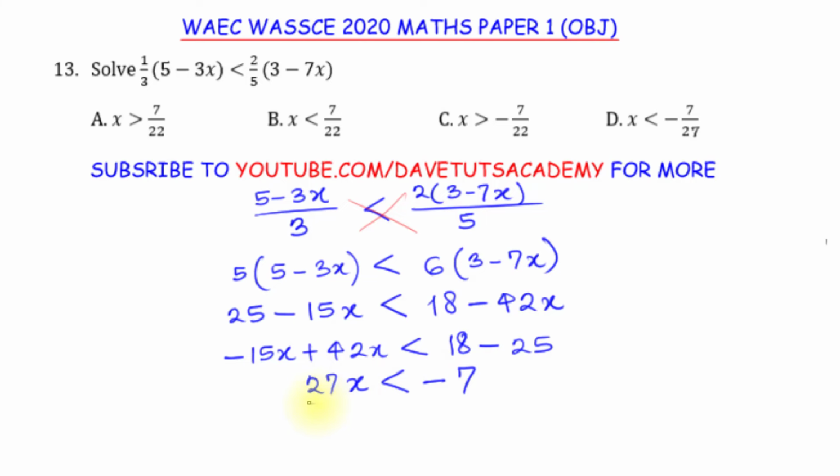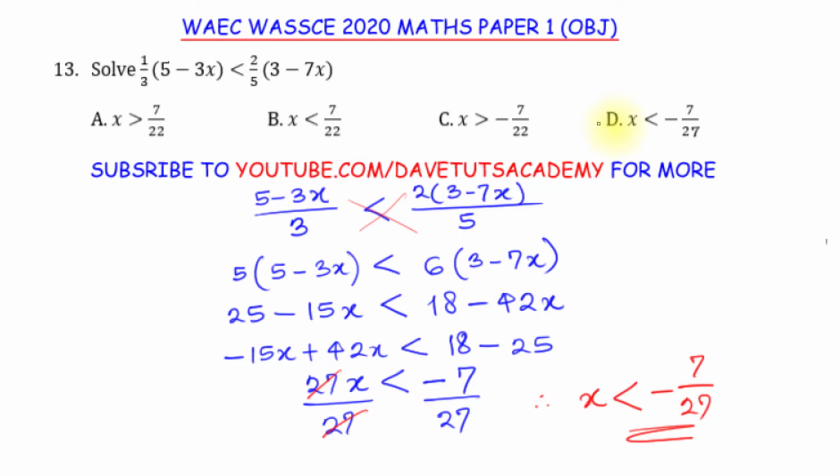And to solve this, you can just divide both sides by 27, and we can see if you do that, this 27 here will cut out this, and then our x will be less than minus 7 over 27, okay.